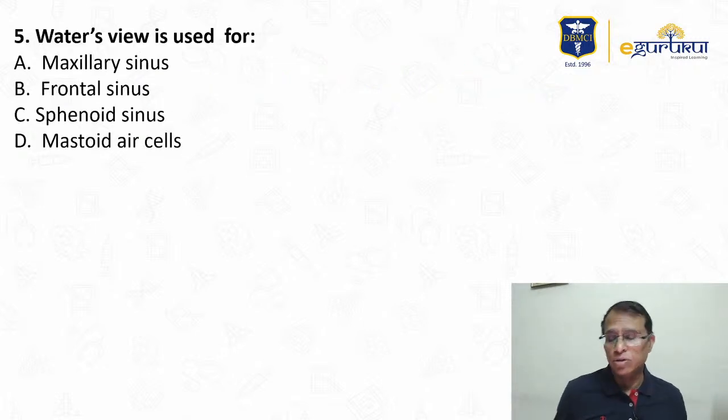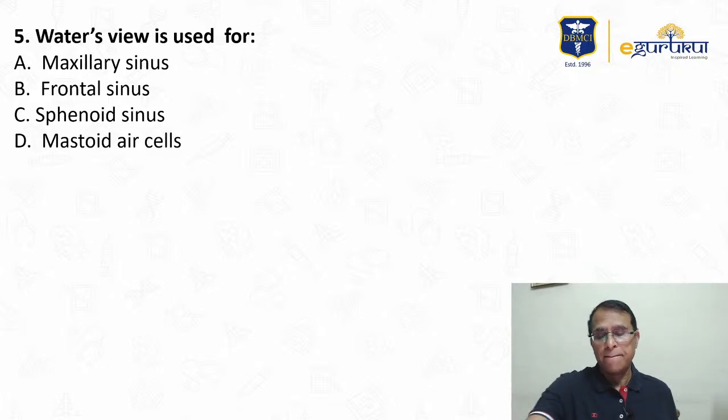This we have done. So you know what is Waters view, but you have to know it is used for which sinus. Waters view is used for which of the following sinuses? Maxillary sinus, frontal sinus, sphenoid sinus, or mastoid air cells?